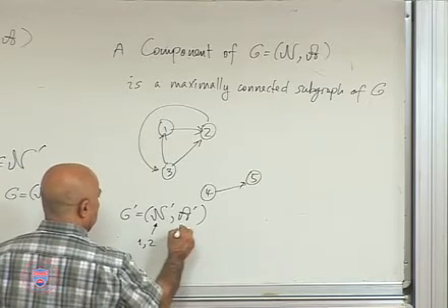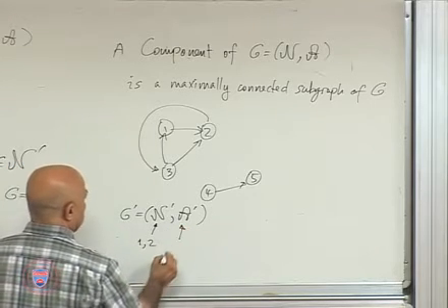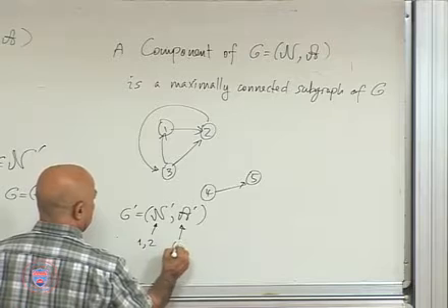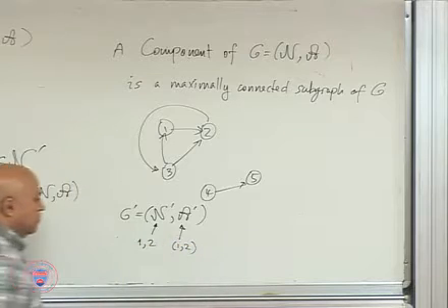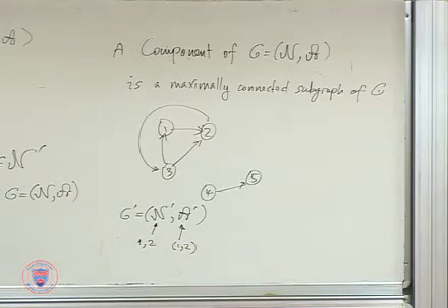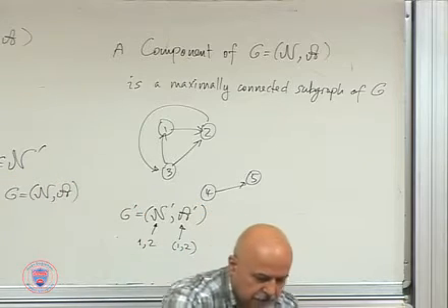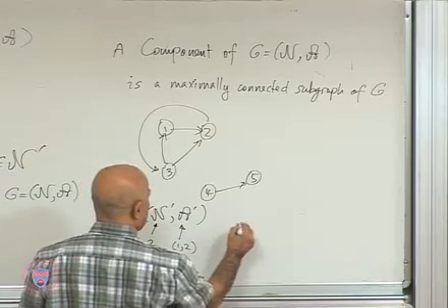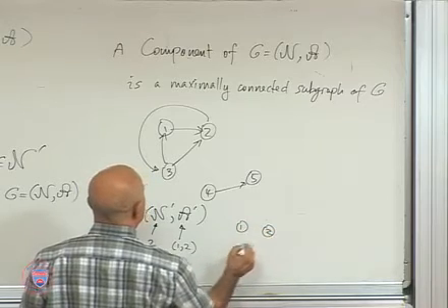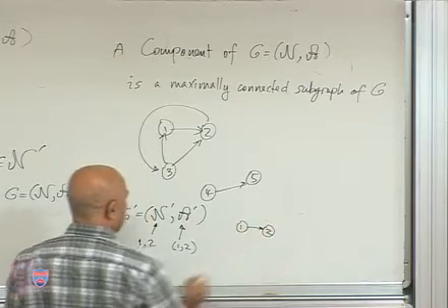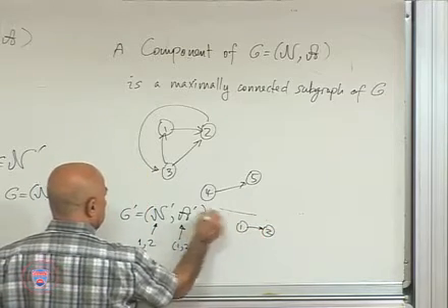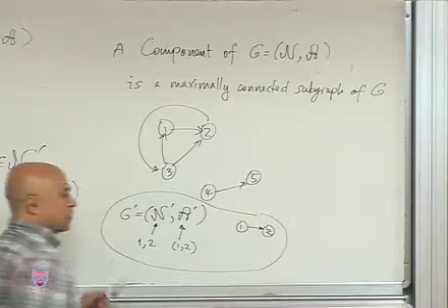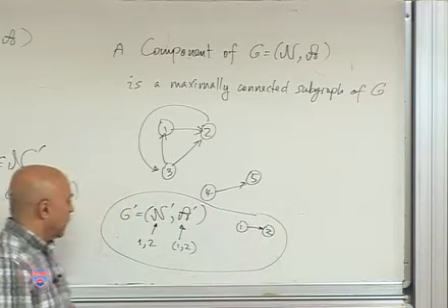And A prime contains arc 1, 2. Suppose that's the subgraph under consideration. So this subgraph has 1, 2, and the arc like that. So this is the subgraph I'm talking about.